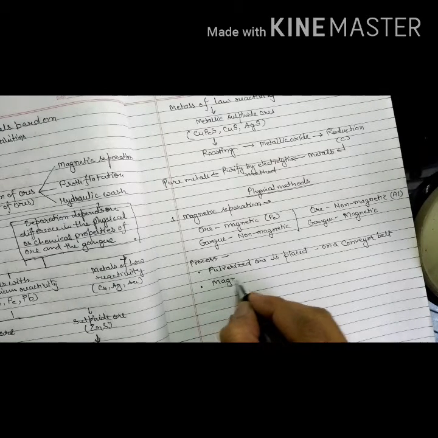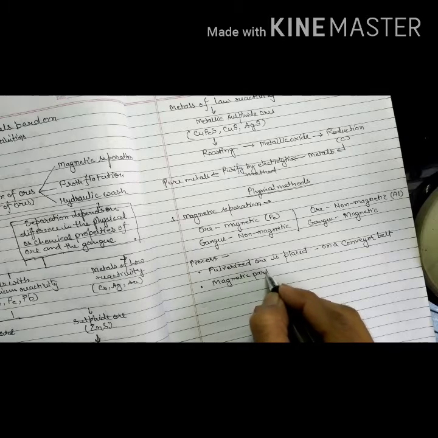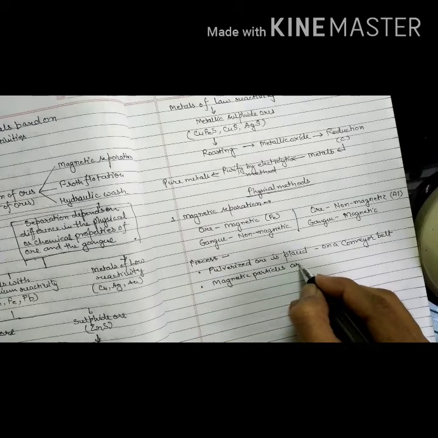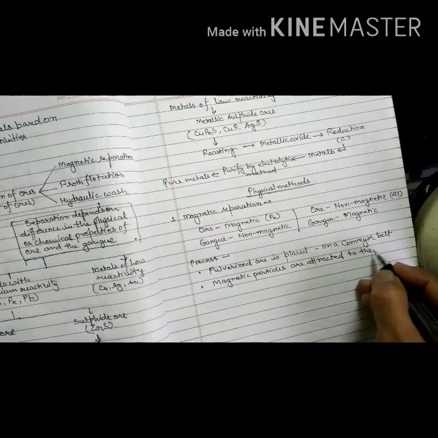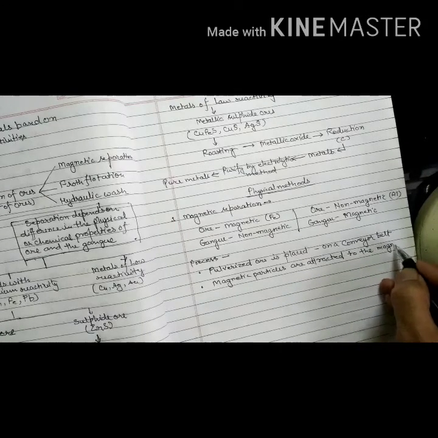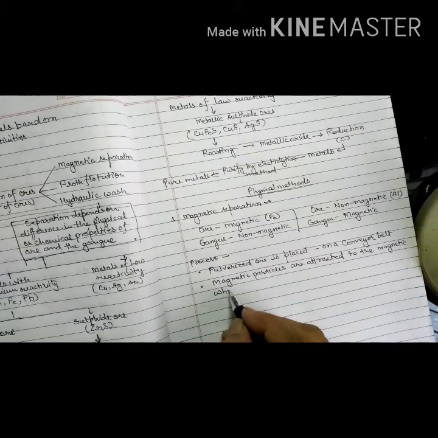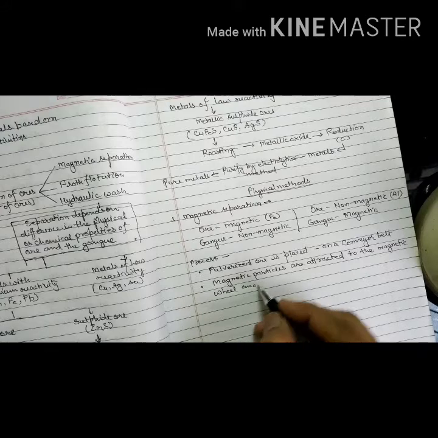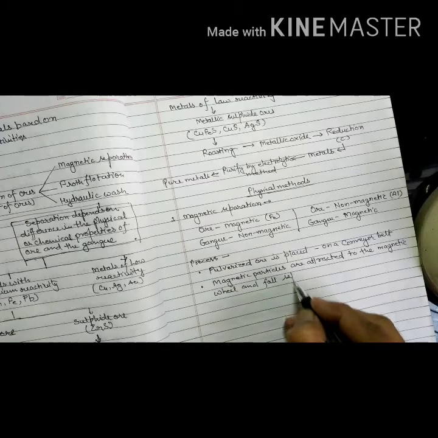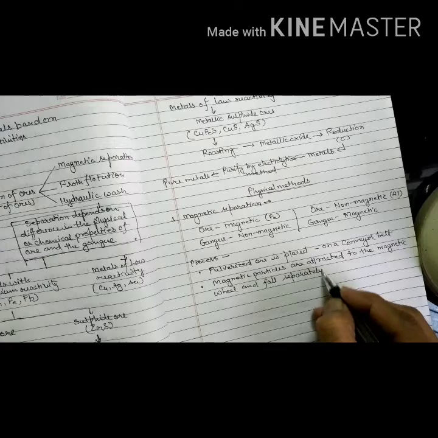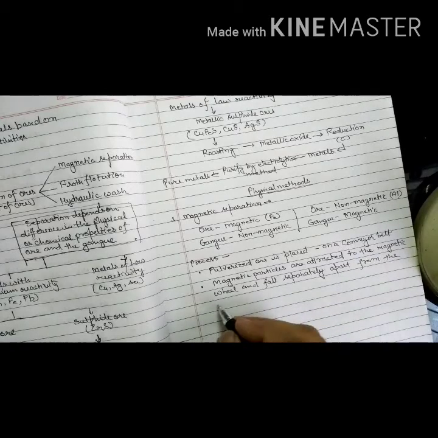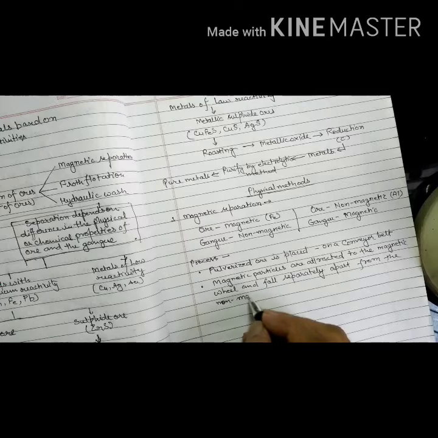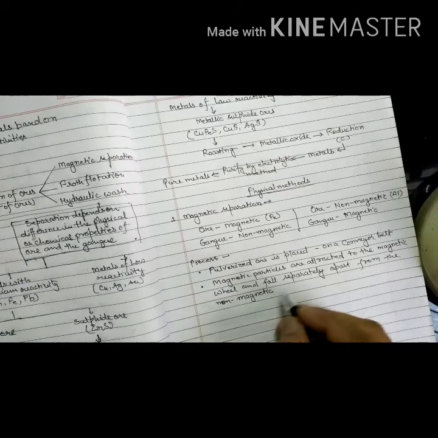Magnetic particles are attracted to the magnetic wheel and fall separately apart from the non-magnetic particles.